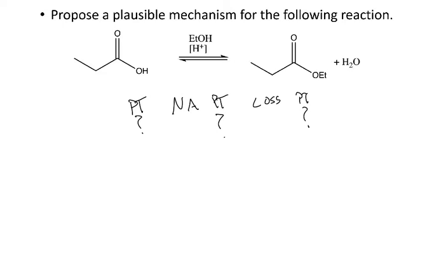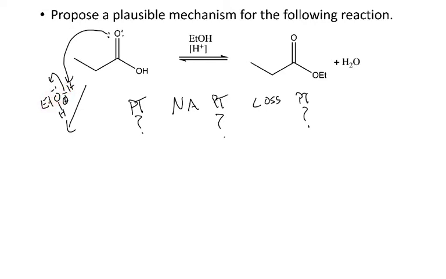So the first one is easy. Whenever we have acidic conditions, we almost always have to start with a proton transfer. So the protonated ethanol is going to be my proton source in this case. I can't just use ethanol as a proton source, because if I try to use ethanol as a proton source, when it gives up the hydrogen, that's going to make an ethoxy group, right?